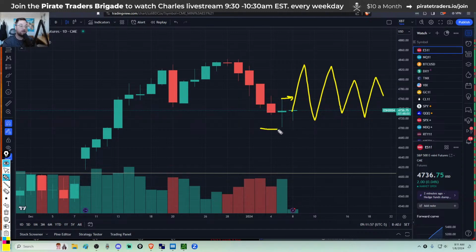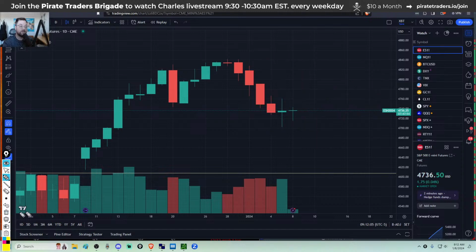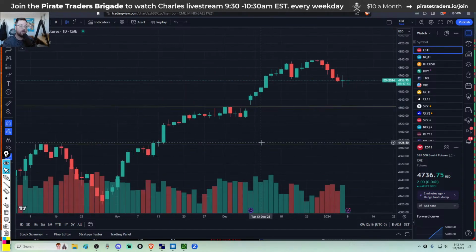Or the market is going to break yesterday's low, which is a sign of continuation of the momentum lower, in which case I want to be very bearish because we need a bigger pullback with price. We know we need a bigger pullback on the monthly. We know we need a bigger pullback on the weekly. So if we start to make new lows, I'm looking for a much bigger move to the downside.